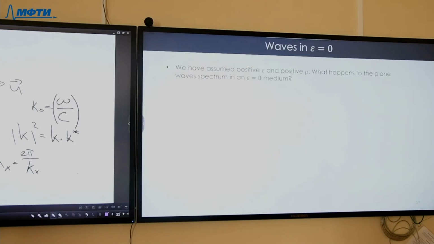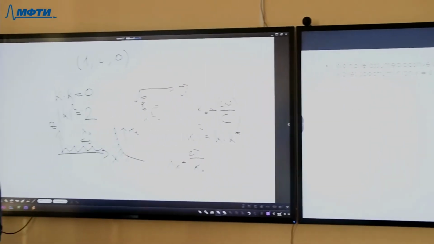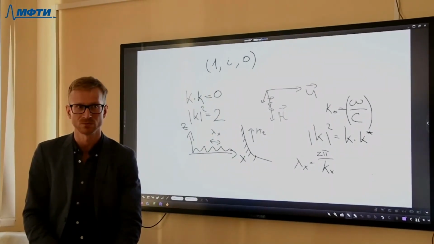But what happens if some of the material parameters, for example, permittivity, becomes zero? Let's say permeability is positive, just unity, and permittivity suddenly becomes zero. What happens? Well, one obvious consequence is that the refractive index becomes zero, right?